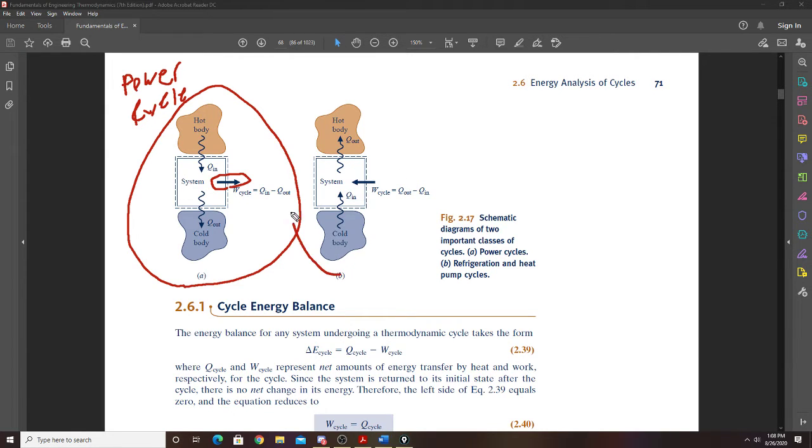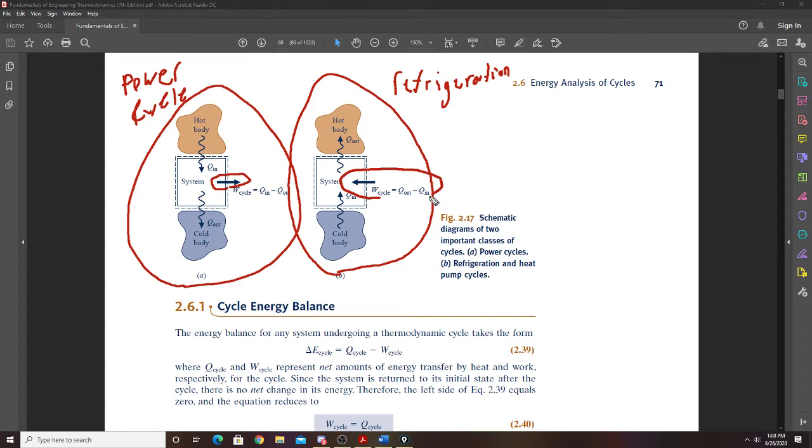This right here is a refrigeration cycle, essentially. I don't know if that's what they call it, but I'm sure that's what it is. And heat pump. The difference between this one and the previous one is that this one is taking in work. We have to actually power it. You can see by the direction of this arrow.